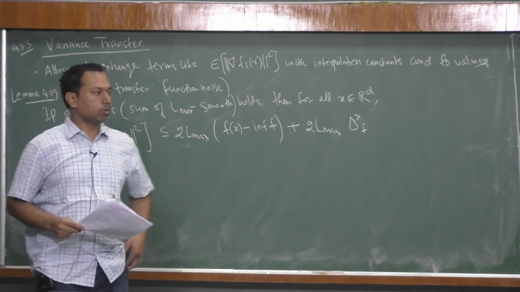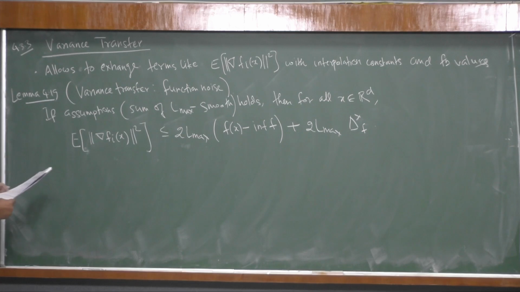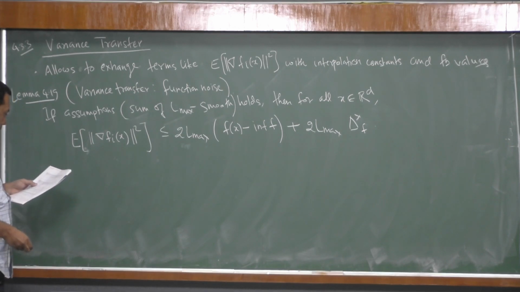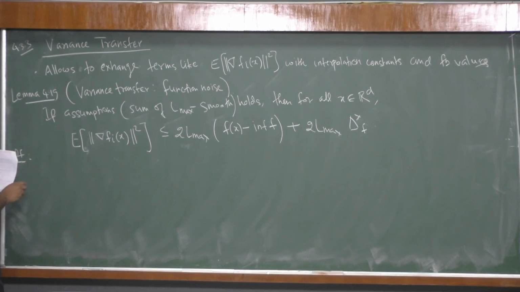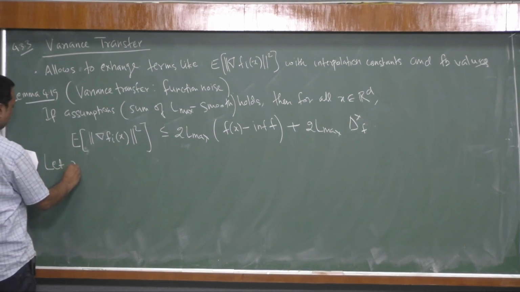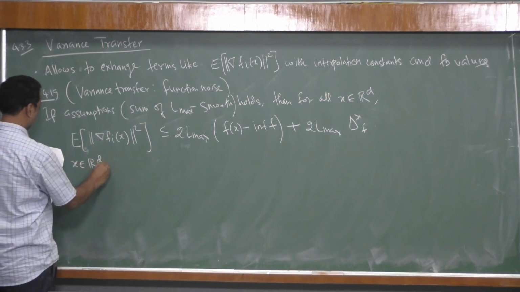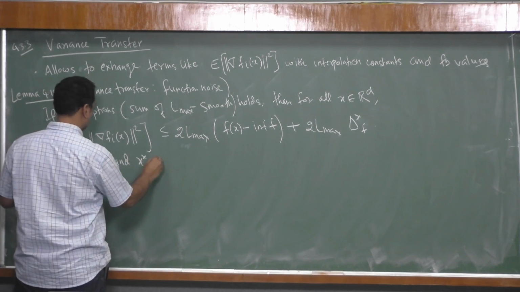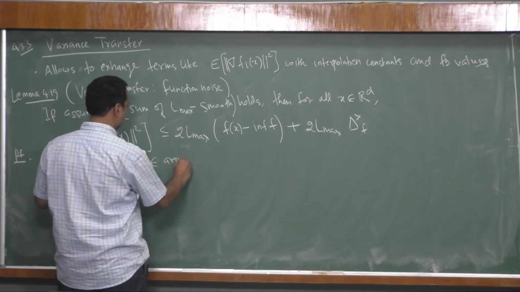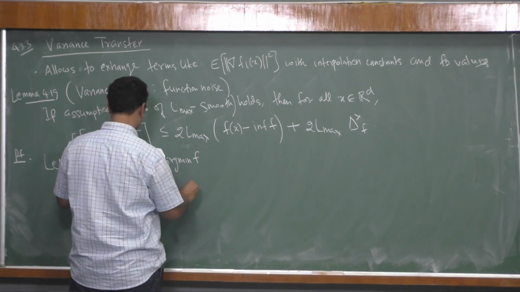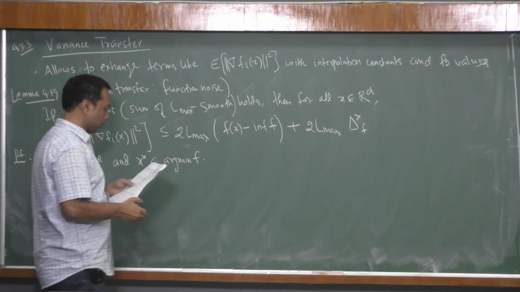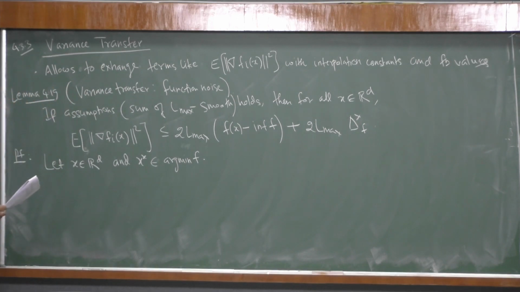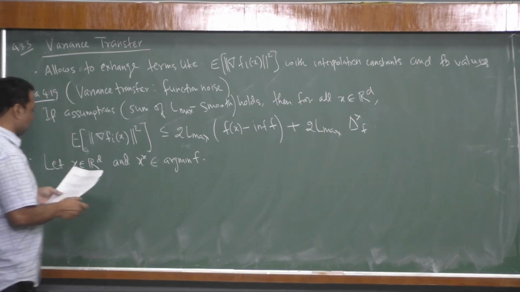Okay, so this is the variance transfer lemma, and the proof is just 2 lines. So let x be in Rd and x star be in argmin of f. Then using lemma 2.28 that we wrote, I will use that lemma again.